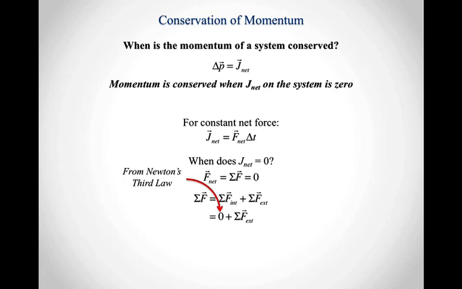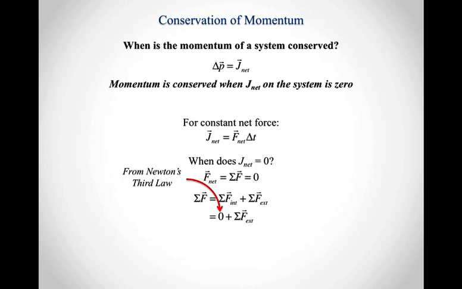comes into play. So Newton's third law again tells us that for every force, there's a second force. For each action, there's an equal and opposite reaction that has the same magnitude, points in the opposite direction. So when you add your Newton's third law pairs up, they always cancel out.